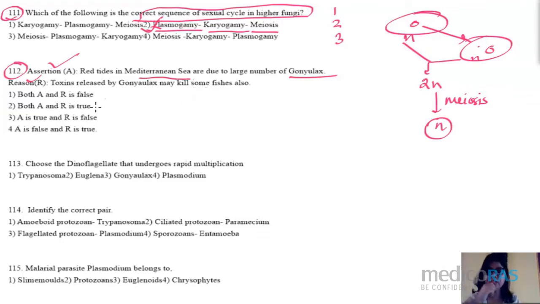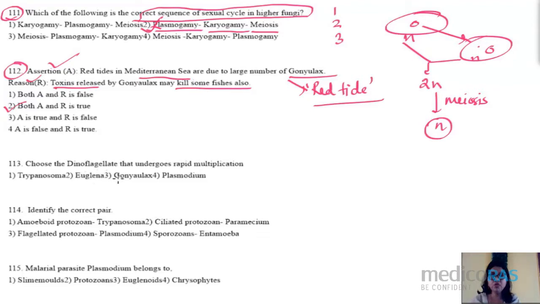These are Protista, and they release some kind of toxic substance which kills many of the fishes, like mussels. They can attack exoskeleton bearing organisms like crabs also. We know because of this only they can form the red tide, right? Red tide has so many poisonous substances that can kill the fishes. So we can see both the assertion and reason are true. So option 2 is correct.